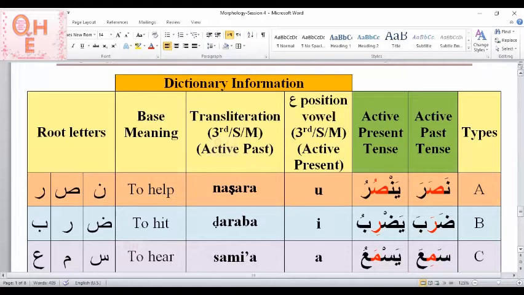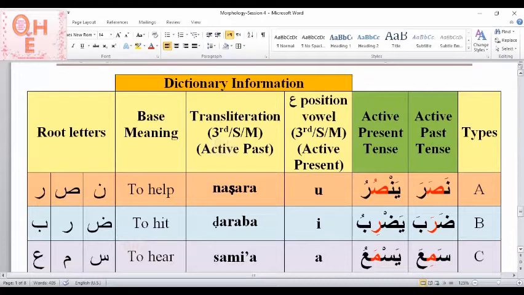RA tells me ra fatha. BA tells me ba fatha. That is how I get daraba. When I write the transliteration in Arabic characters, daraba becomes daraba.